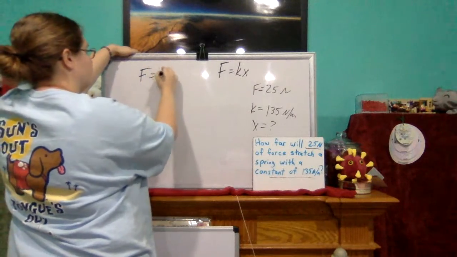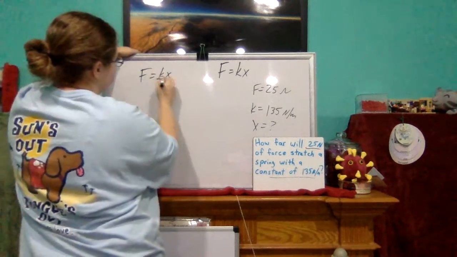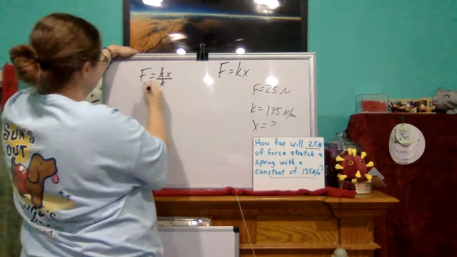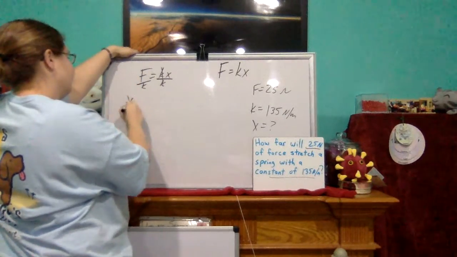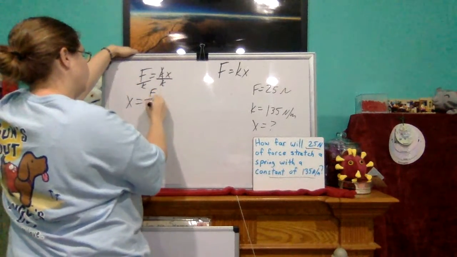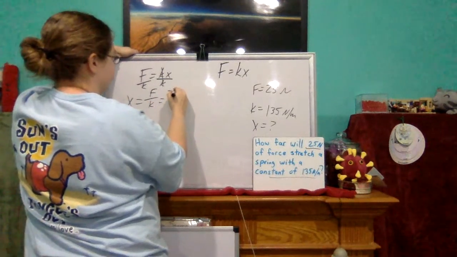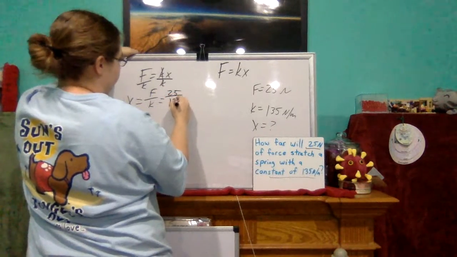F equals kx, but I want to get x by itself. So I'm going to divide both sides by k. It cancels out on this side and brings it over to that side. We're left with x equals F over k. The force is 25 and the spring constant is 135.